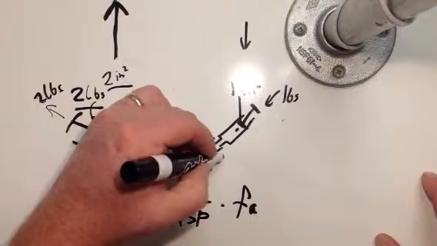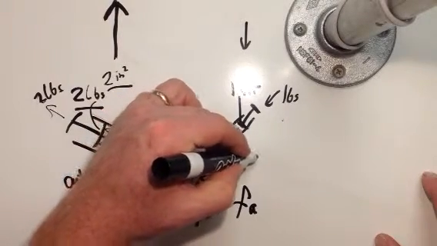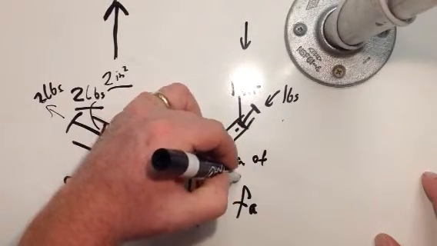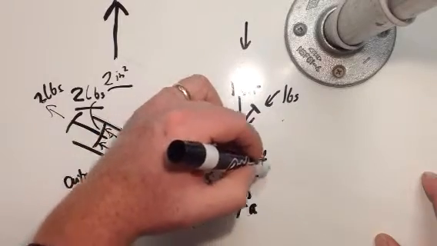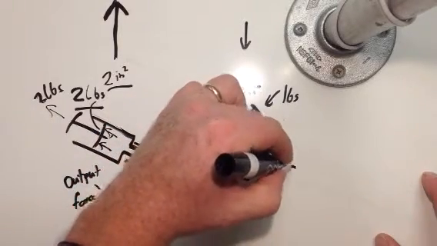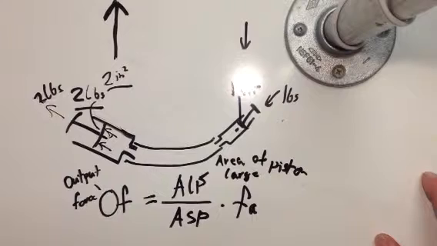ALP stands for area of the large piston. ASP is the area of the small piston.